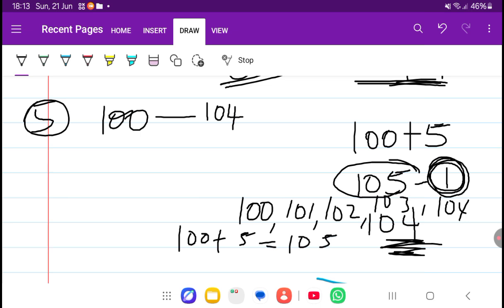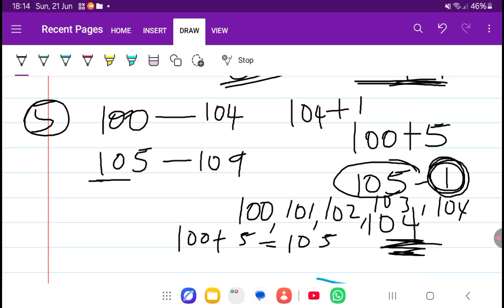Or you can use the upper class limit: 104 plus a 1, the one that we removed because we want to create that gap. You put it here, 105. Then 105 plus 5 gives you 110. We take off 1, it gives you 109.